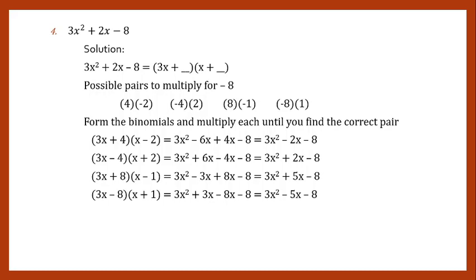Then try negative 4, minus 4. Then also try 3x plus 8, with the corresponding 3x and x. Okay? Those are the pairs you will try. Obviously, the correct pair would be 3x minus 4, x plus 2.